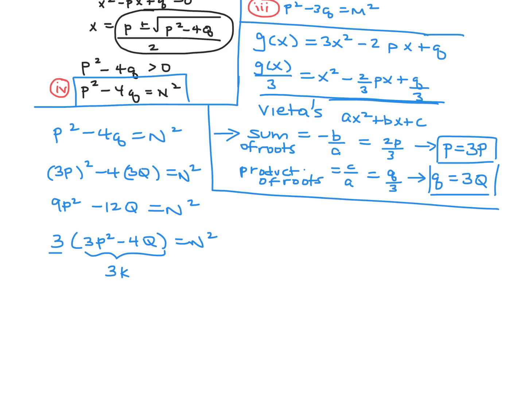I think the only way that's possible is that both of them are multiples of 3. So that means 3P squared is a multiple of 3, and 4Q is also a multiple of 3.